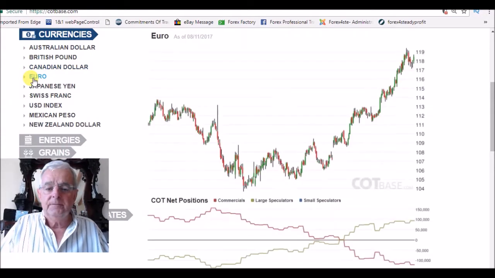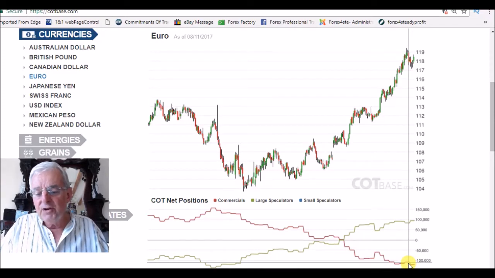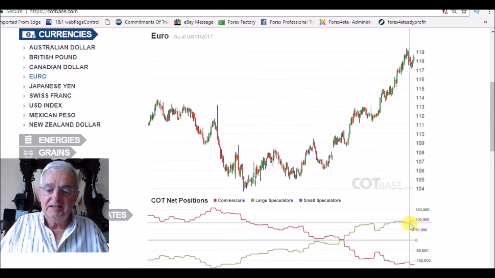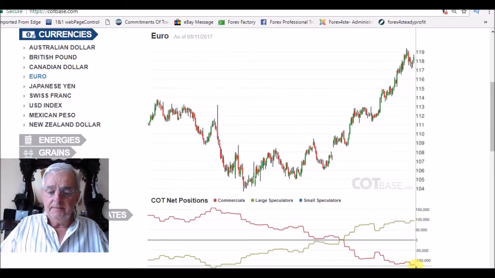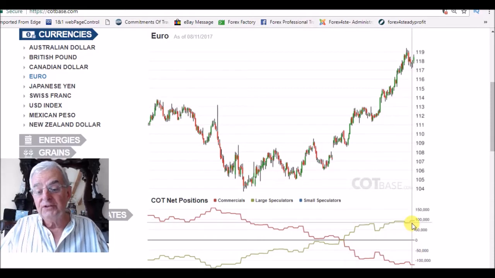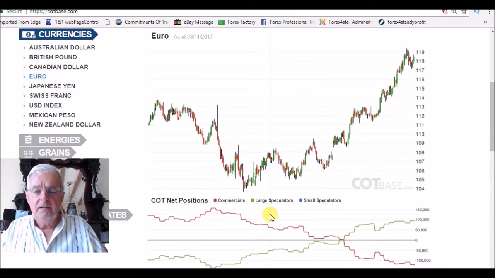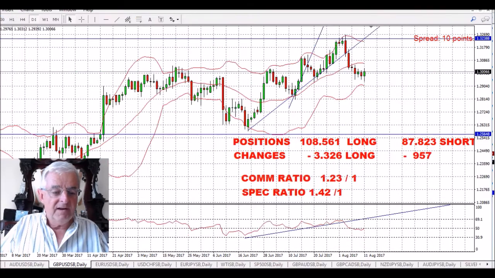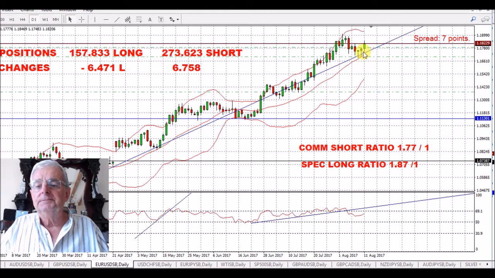Euro. The euro, the commercials have added to their shorts, and the speculators have added to their longs. But the commercials are more short and the speculators are long. So if we go and have a look at the chart, euro dollar, yeah, right.